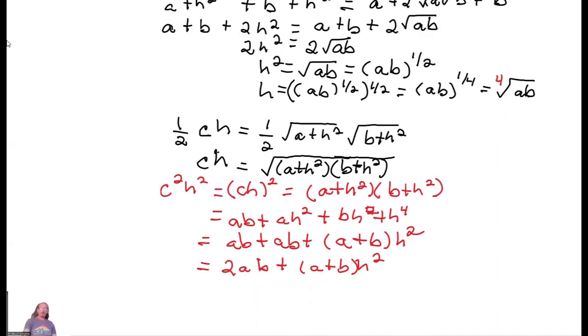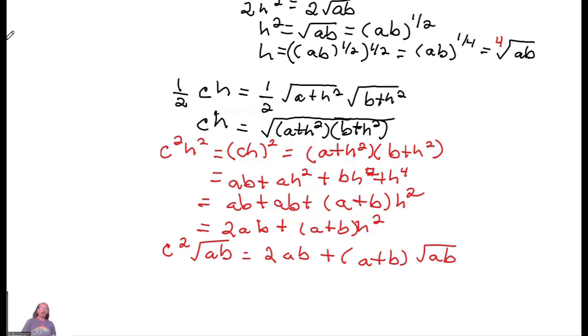So far, I've only done one replacement for things about h, but now let's take that a bit further. h squared was the square root of ab. So we have c squared, square root of ab, is equal to 2ab plus the quantity a plus b times square root of ab again.